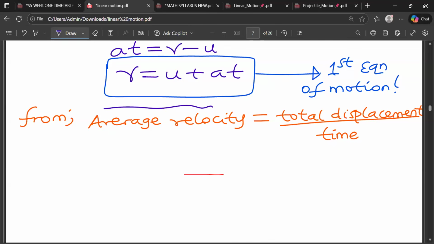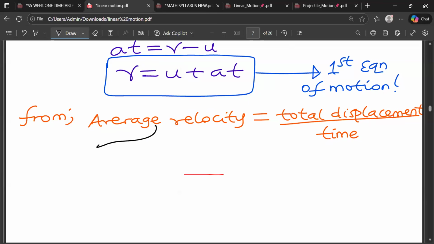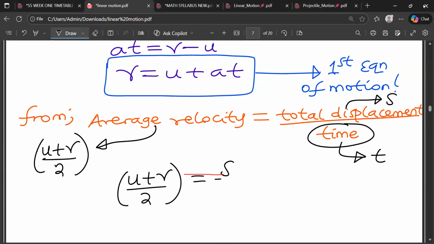I told you that average velocity alone is u plus v over 2, isn't it? We said that our time is t, and our displacement is always s. So when I write u plus v over 2 is equal to s over t, are we together at that point?